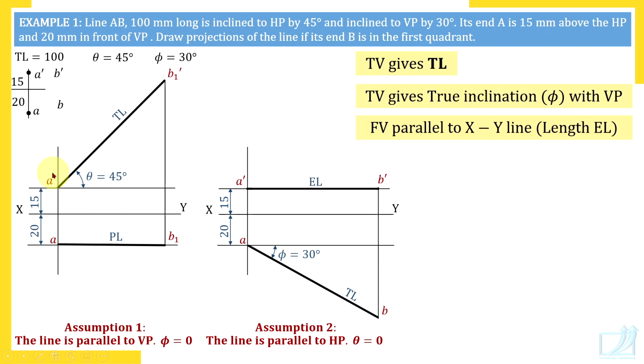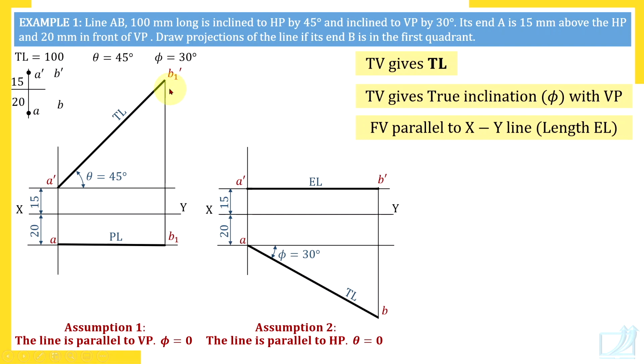Then why should not we label this point as A1 dash? The reason is point A is a reference point and it is fixed point. Whatever may be our assumption, we have not changed the position of point A. Check, here point A is 15 mm above HP, 20 mm in front of VP, and here also point A is 15 mm above HP, 20 mm in front of VP.